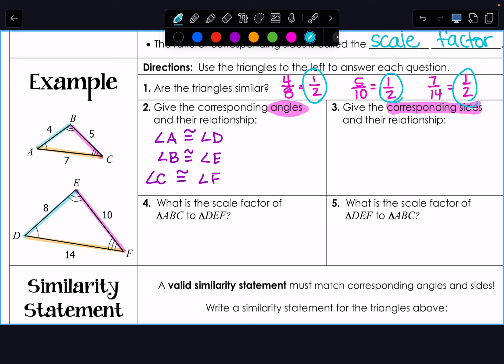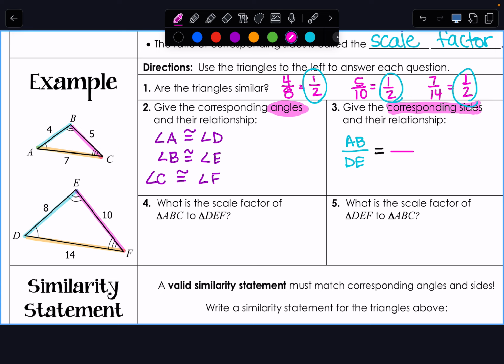So, side AB. Who does side AB correspond with? We already highlighted it. DE. So I just want you to make this fraction AB over DE. We're just saying, hey, those two create a fraction. And those two create a fraction that are the same as the ones that we highlighted in pink.